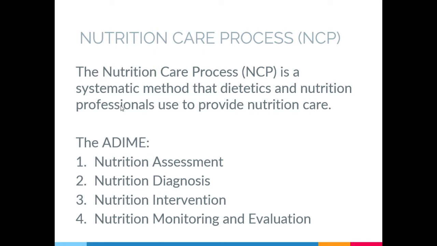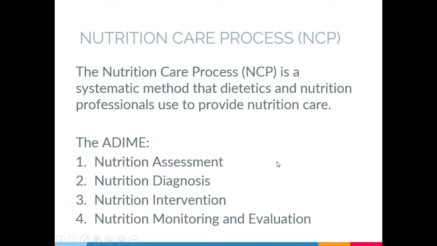And yeah, this is what I am talking about, the NCP. So this is a systematic method that dietetics and nutrition professionals use to provide nutrition care. Okay? So, to make it easier to memorize, we have this acronym ADIME. ADIME stands for Assessment, Diagnosis, Intervention, Monitoring, and Evaluation. Okay?